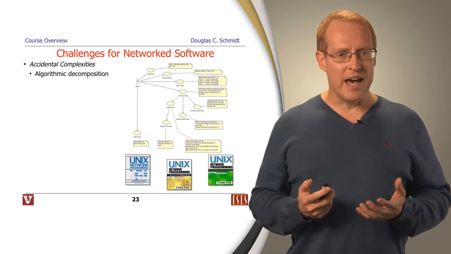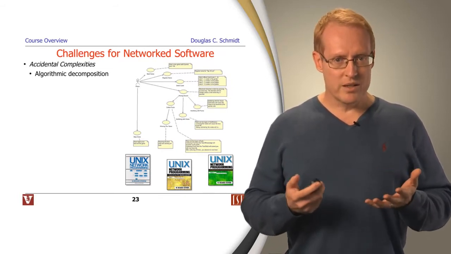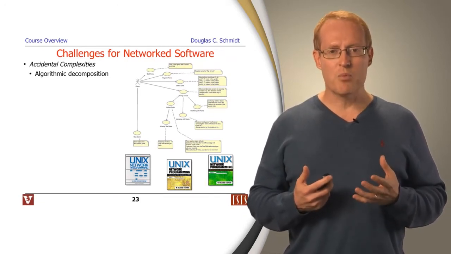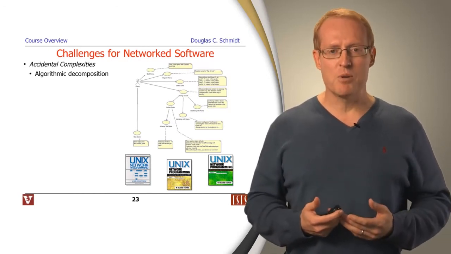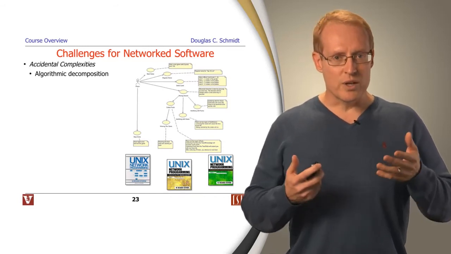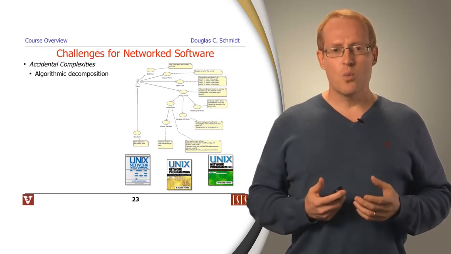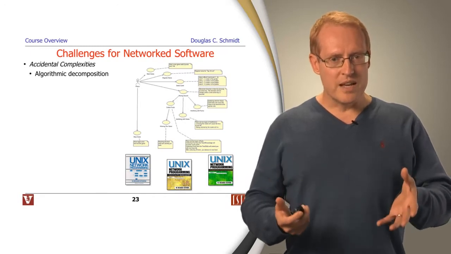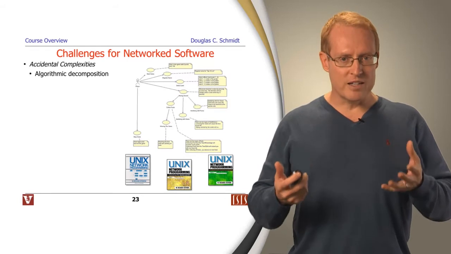If you take a look at a lot of the classic literature for how to program network applications and software, you'll find that even though this literature does a great job explaining how sockets work or other mechanisms for doing inter-process communication, most of the examples tend to be written using so-called algorithmic decomposition, also known as functional decomposition, which is done by doing a top-down decomposition with stepwise refinement of the algorithmic steps that you're trying to carry out.